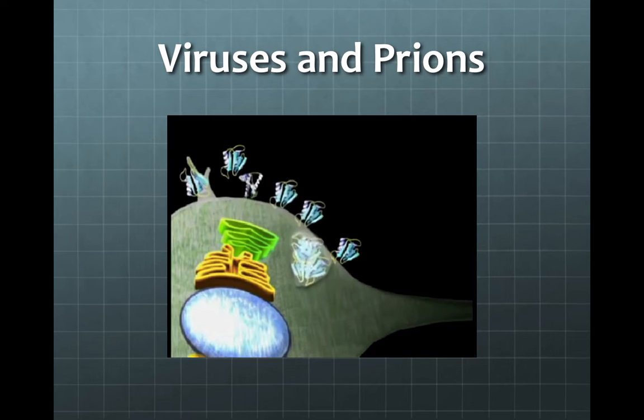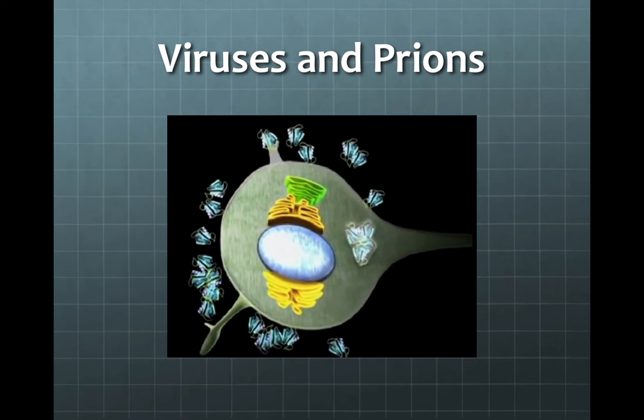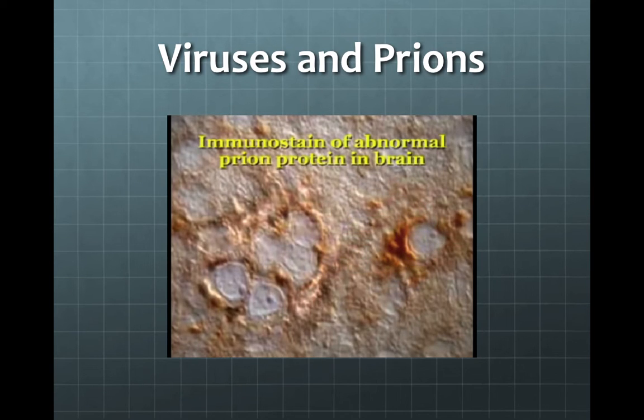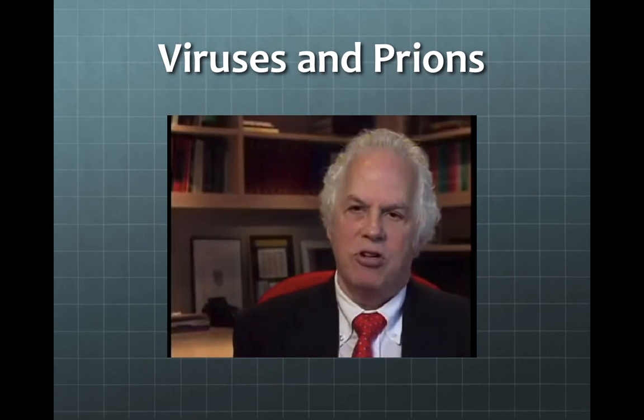They're also deposited in the extracellular space and can be stained with an immunostain using an antibody directed against the prion protein. In this section, the brown areas represent deposits of prion protein in a patient's brain. That protein, when it accumulates, is what causes the disease. The malfunction of the nervous system is really the result of PRPSC accumulation.